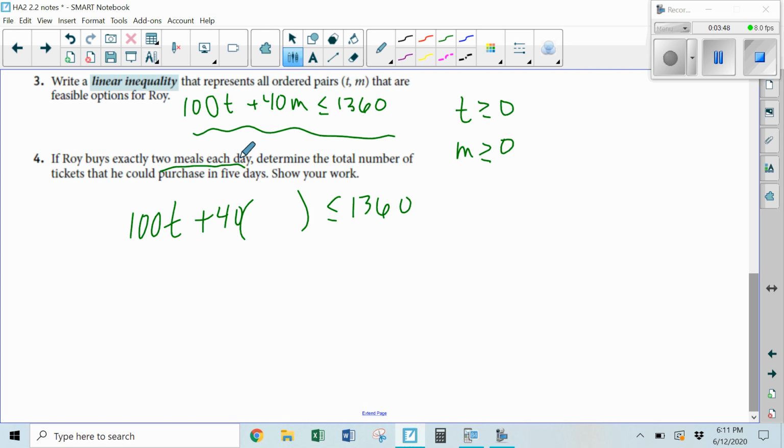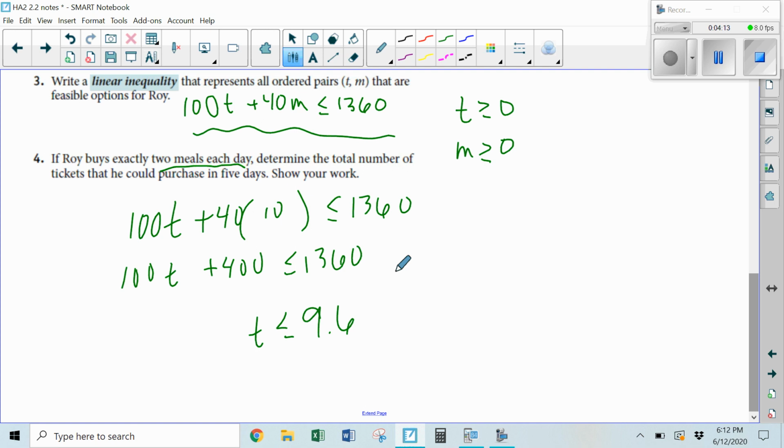If you look back, he's going to be there for 5 days. So 5 days, 2 a day, that's 10 meals. So then when I go ahead and move the 400 over and I solve, I get 9.6. Now this is T, this is tickets.